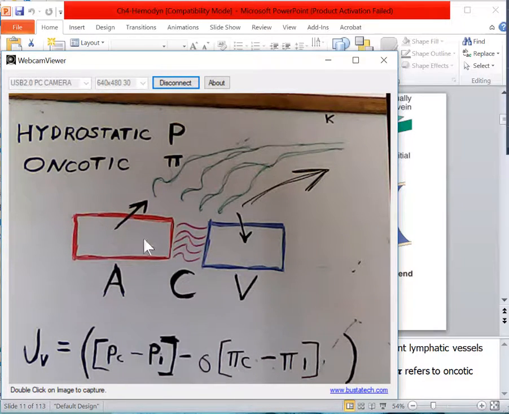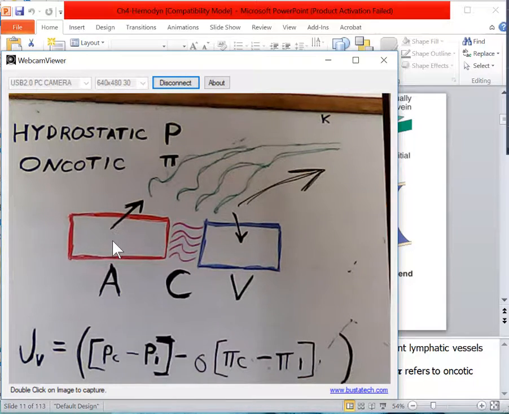And that's usually at the arterial end, because as you know, the arteries have greater pressure, because they have a thicker wall, so they have to have greater pressure.